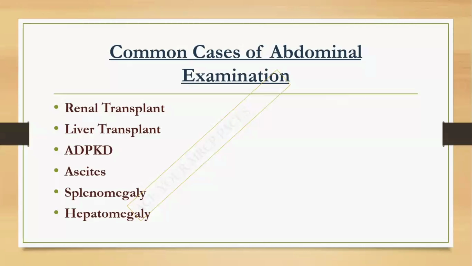Otherwise, it might be difficult to pick up on examination. Also don't mix these polycystic kidneys with the liver and the spleen, because they have different ways of palpation, and there are differences between kidney, liver and spleen.